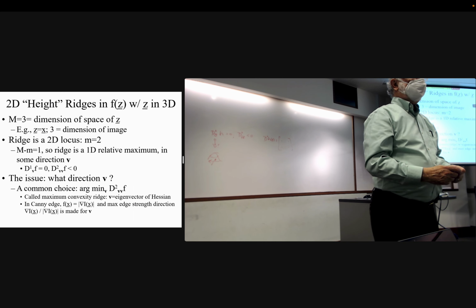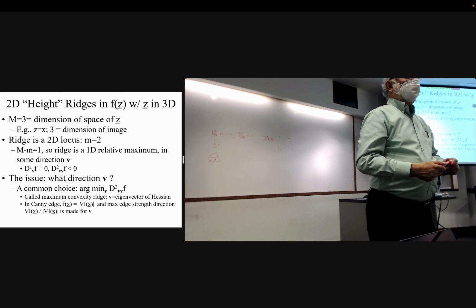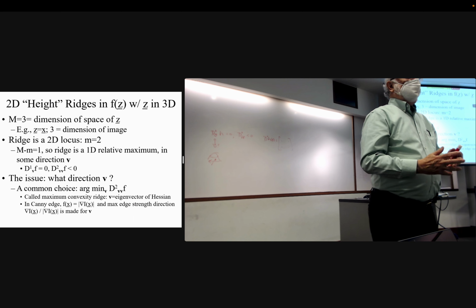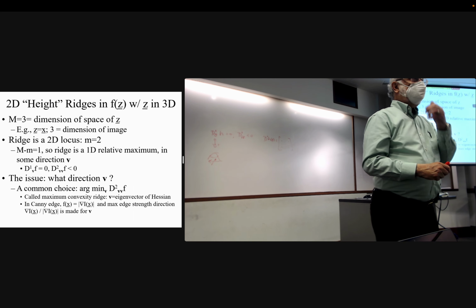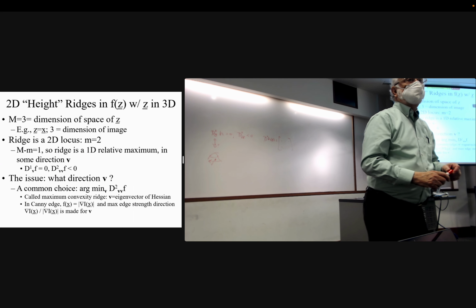Big M equals 3, little m equals 2. We're going to be interested in a 2-dimensional ridge in a function of three dimensions. Big M minus little m in this example is again 1, 3 minus 2. Okay?